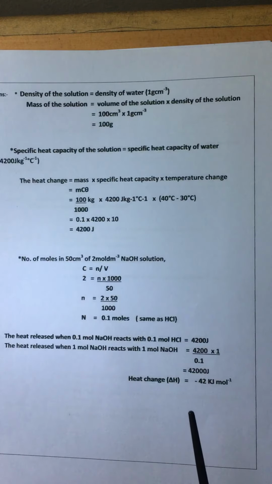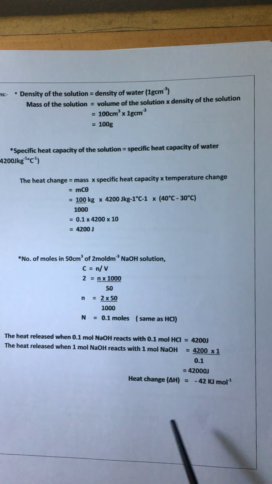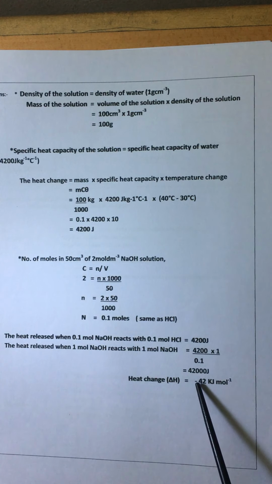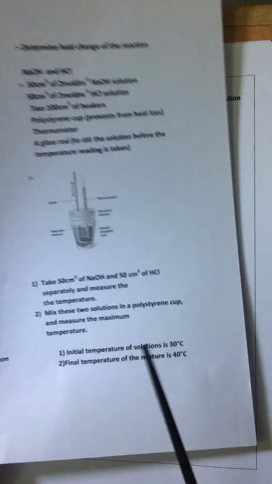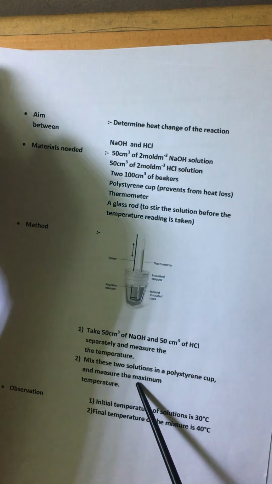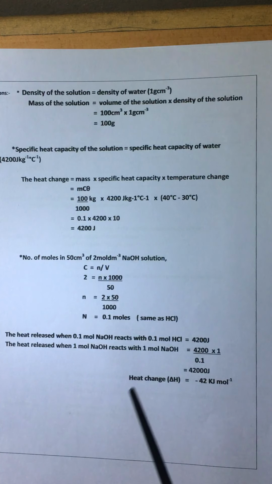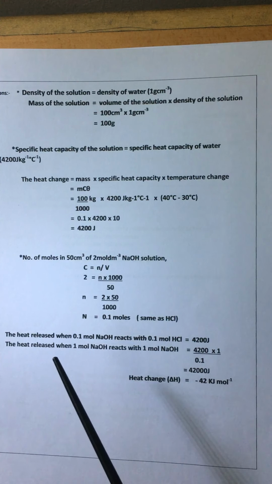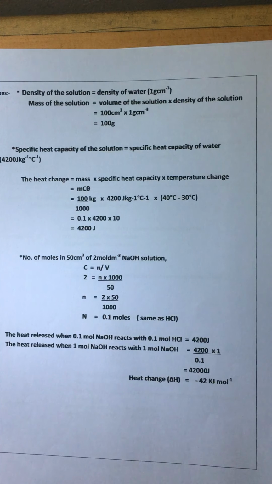Therefore, that is an exothermic reaction, and therefore we get the value in minus. Now if the heat is absorbed into the system, what happens? The temperature of 30 Celsius decreases, so you will get the answer in a plus value. Right? This is the chapter, unit 8. The same type of question you will get in the exams, right?